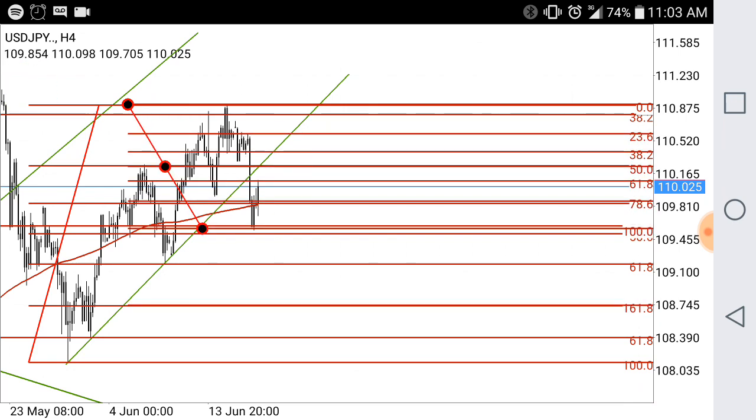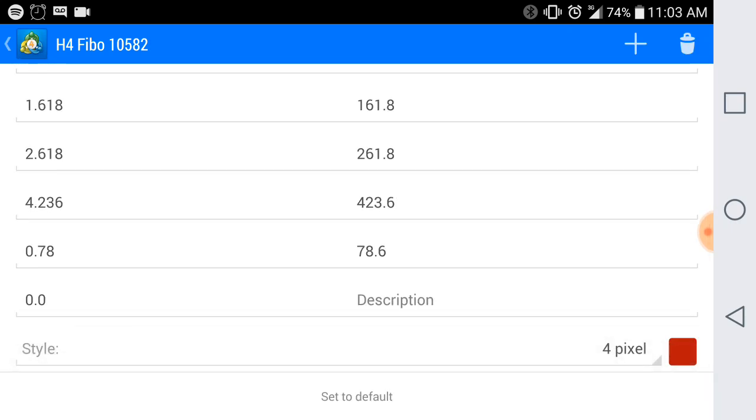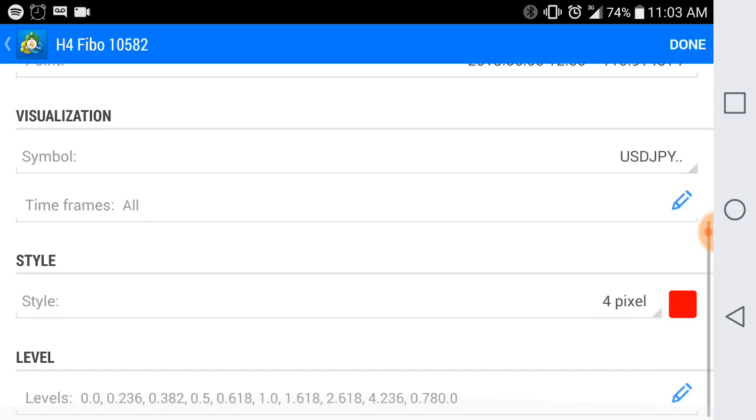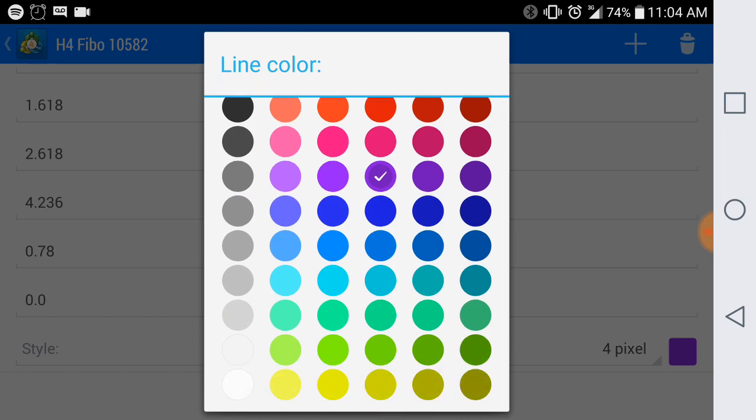So this is where price is right now. Let's change the color to identify that one. Alright, now we've got a blue one up there. Oh, that color is a little bit too close to the other one. Let's change it again, sorry. Yellow.